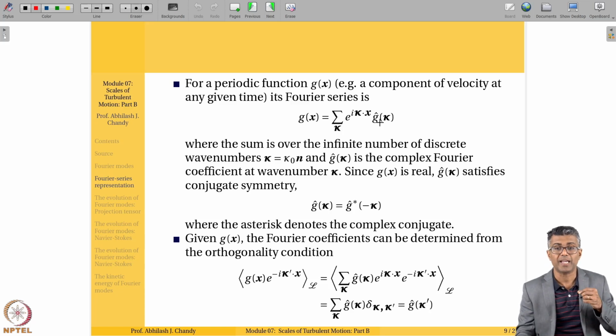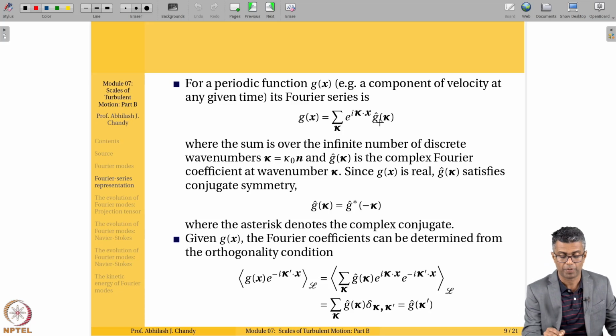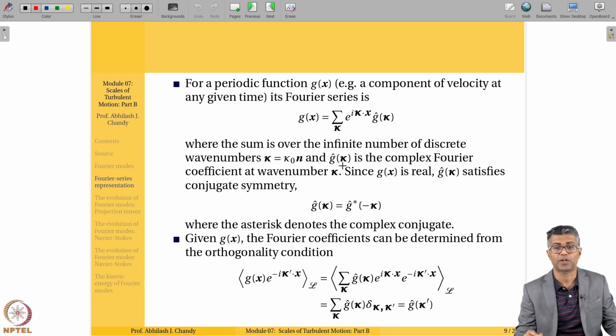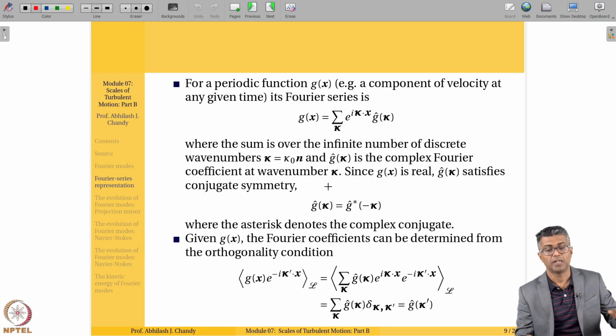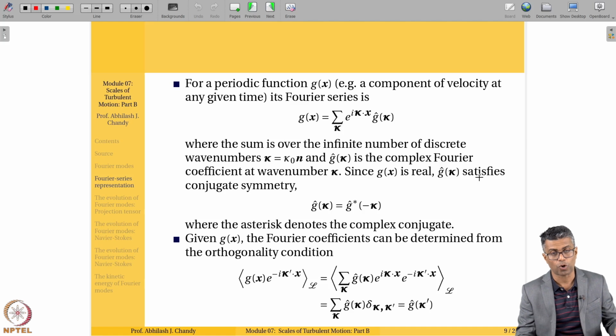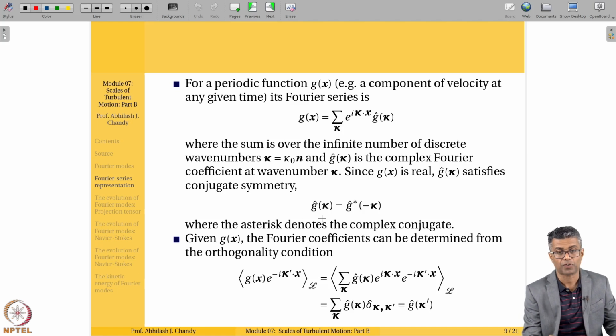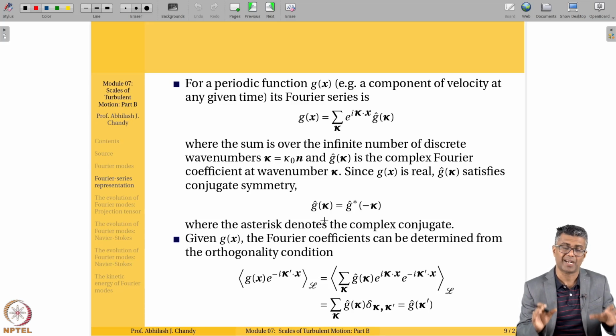The sum is over the infinite number of discrete wave numbers, k0 n, where n is again a vector, and g hat of kappa is the complex Fourier coefficient at a wave number kappa.